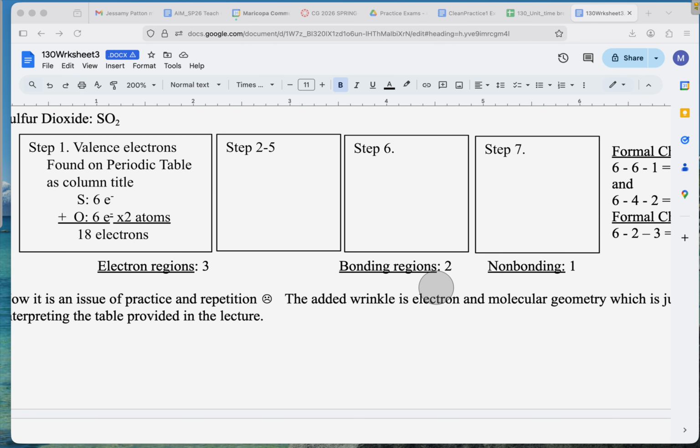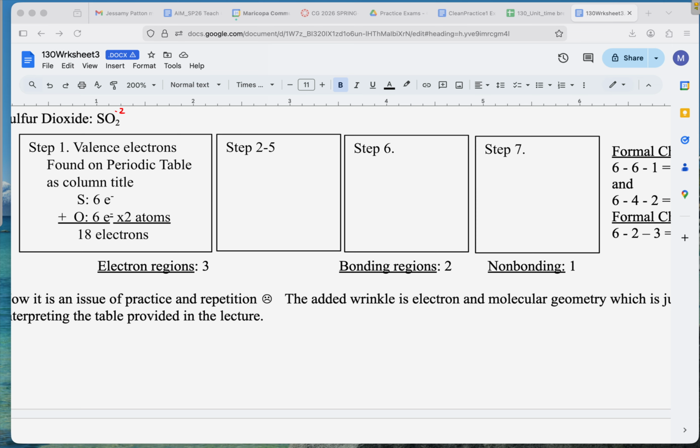Okay, we're going to make a subtle change to this because it was requested. The request was, what happens if this wasn't sulfur dioxide, but it was SO2 minus 2? Well, is that going to change things? What is that going to change? Yeah, in our initial count, in step 1, we still have the sulfur, we still have the 2 oxygen, so we're going to get the 18, but now I have a charge to account for.